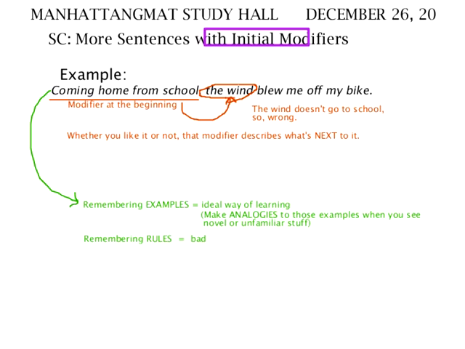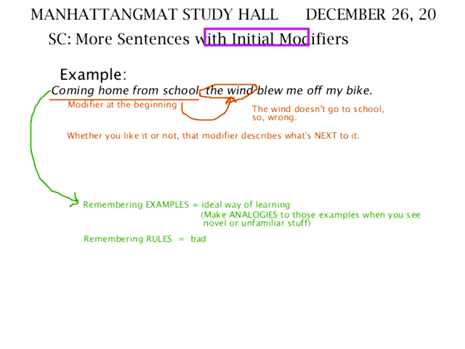It's definitely not rules. When you're growing up learning to speak, the total number of rules that you learn is almost certainly zero. You're just exposed to tons and tons of examples, and you remember those, and you make analogies to them. That's the way you want to learn this stuff, too.